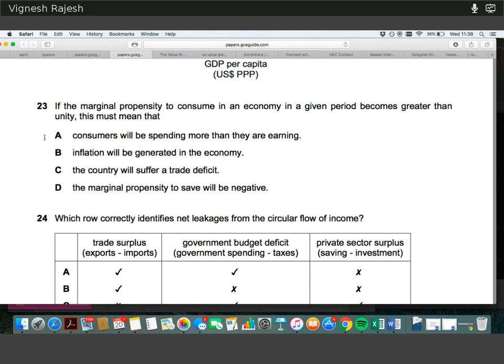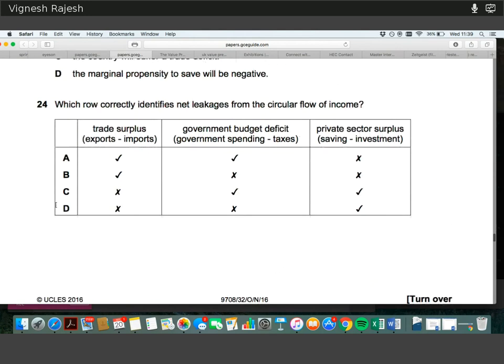That's why it's not A, because the key thing with marginal propensity to consume is it's not in terms of total amount, it's in terms of the additional amount spent. So you can very easily deduce marginal propensity to save from marginal propensity to consume, but you can't necessarily deduce total spending and total earnings. That's why the answer in this case is D.